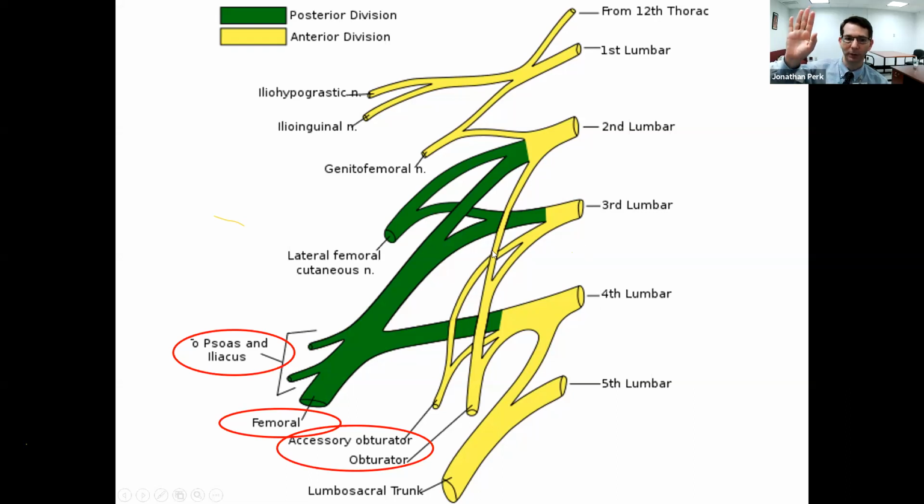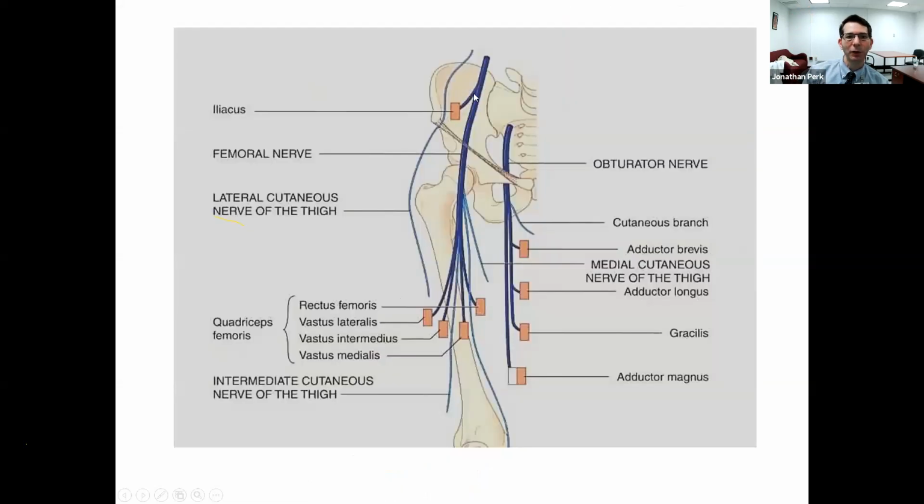That's the hip flexion. Now notice that this nerve comes off what looks like the femoral nerve, and it does. And in some books, you will see that they say that the nerve to the iliopsoas comes off the femoral nerve, which is fine.